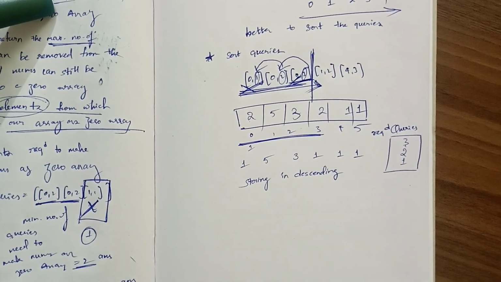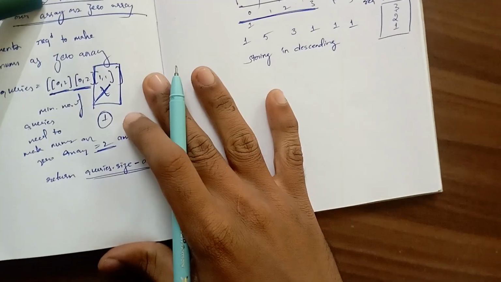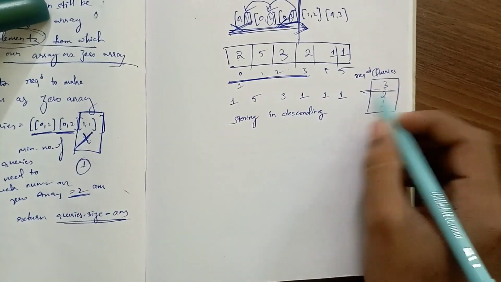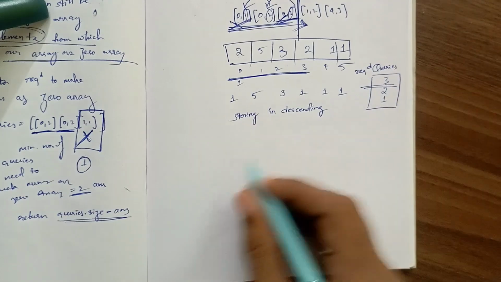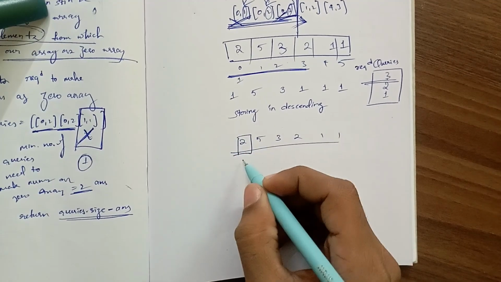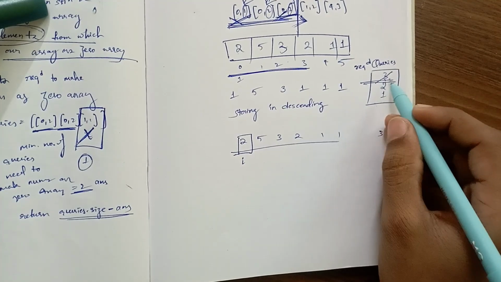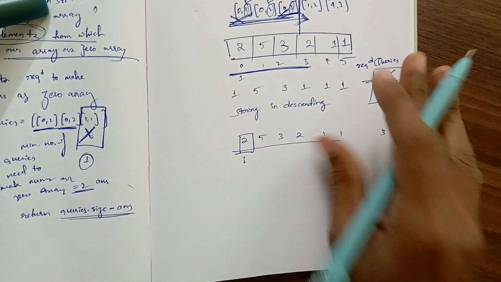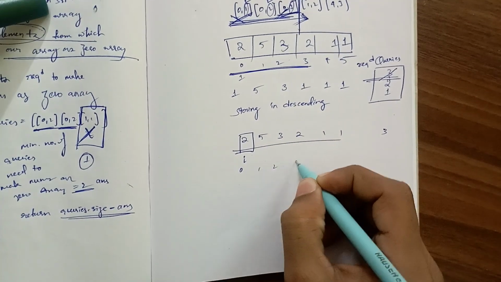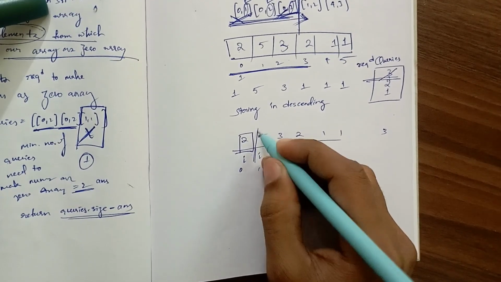Now what is the role of the remover? Let me say you have taken this element, like 3. Now in 2 5 3 2 1, when you are at this index i and you got 3, that means you have removed this from the required queries. When you are completed with this index, you will go to the next index.